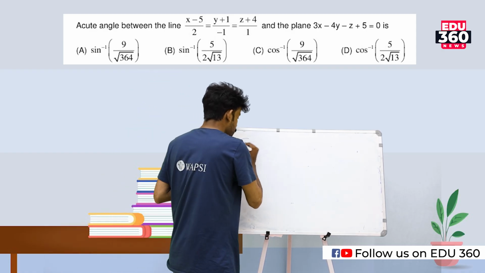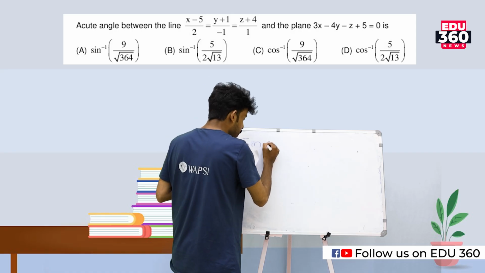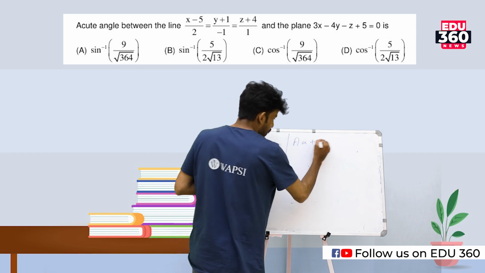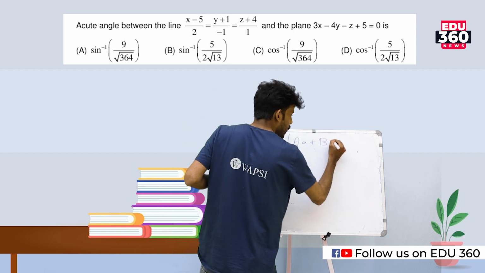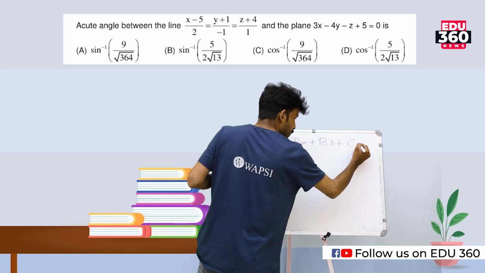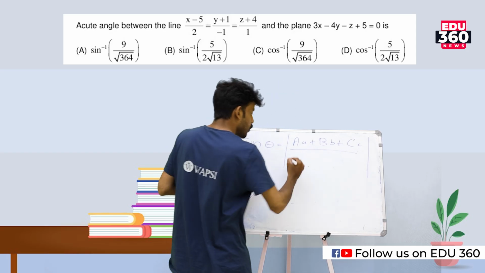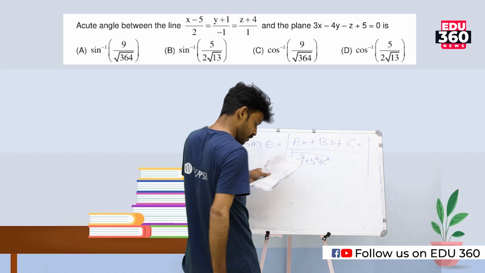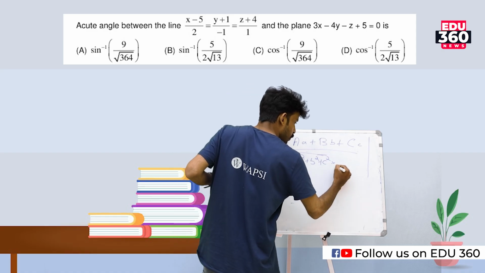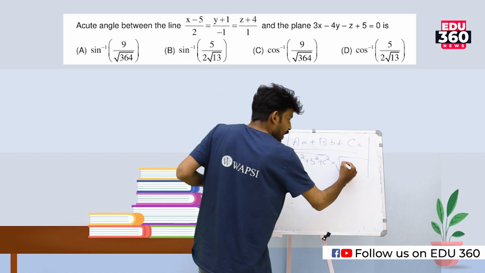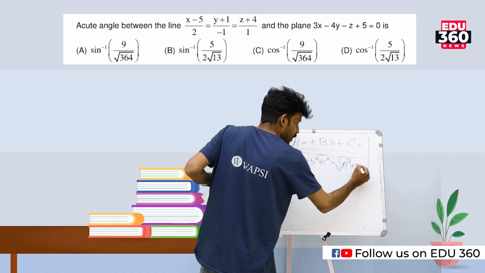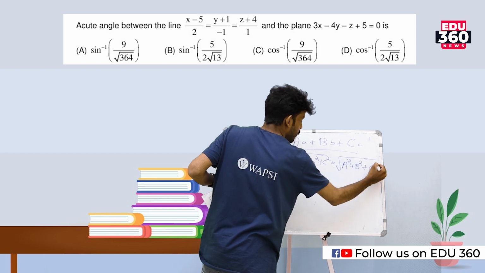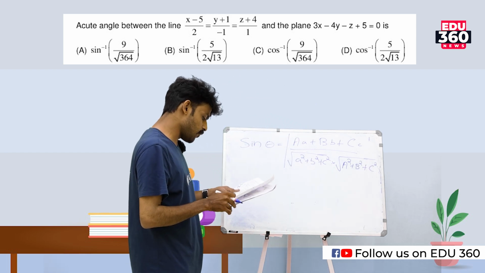Let me write the main equation: sine theta is equal to modulus of A a plus B b plus C c, all divided by root of A square plus B square plus C square into root of a square plus b square plus c square. Now just substitute the values there.